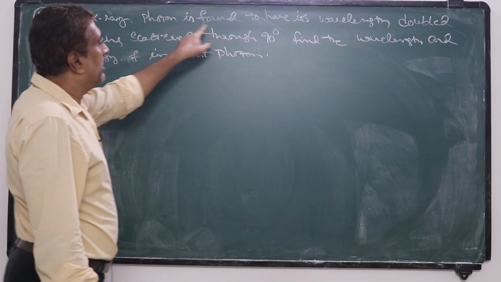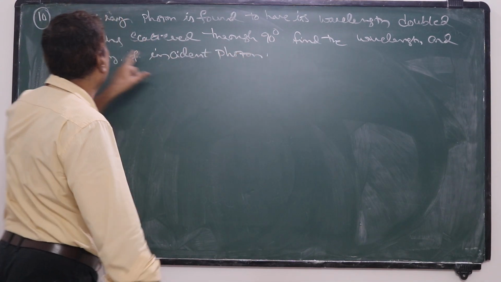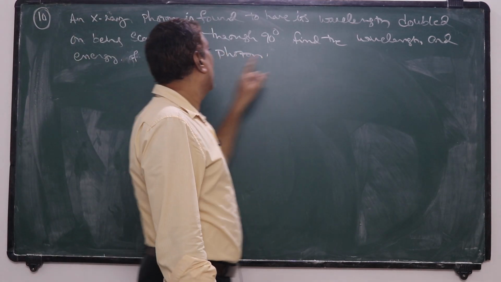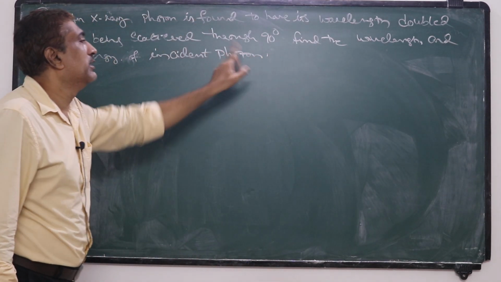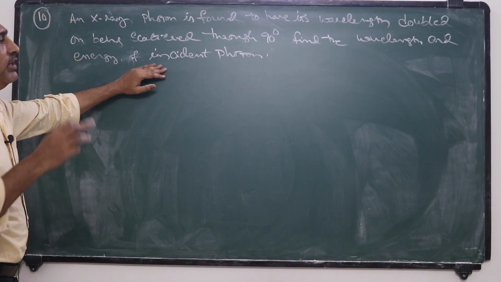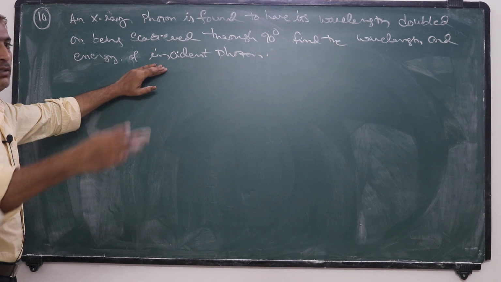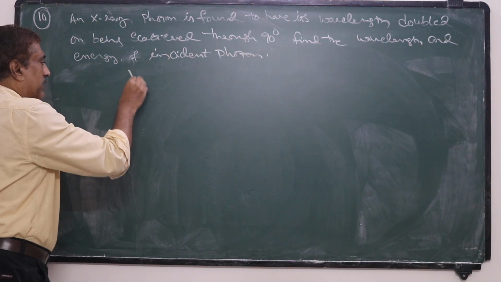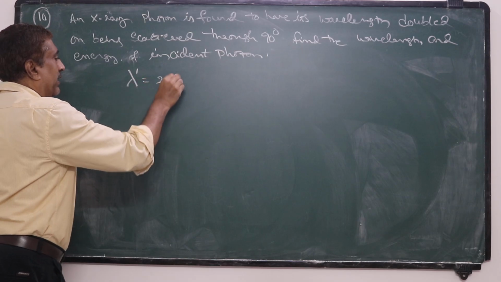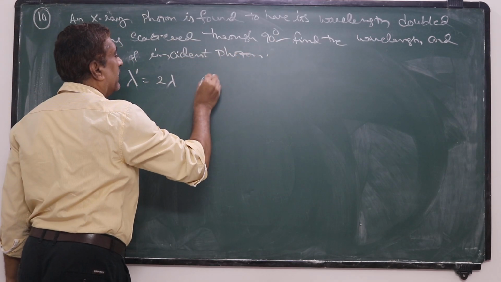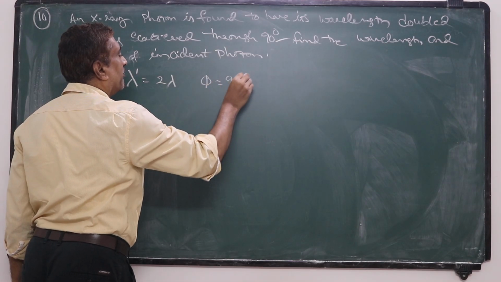An X-ray photon is found to have its wavelength doubled on being scattered through 90 degree. Find the wavelength and energy of the incident photon. So given that the scattered photon wavelength is double that of the incident photon, that means lambda dash is equal to 2 lambda and the angle of scattering is phi equal to 90 degree.